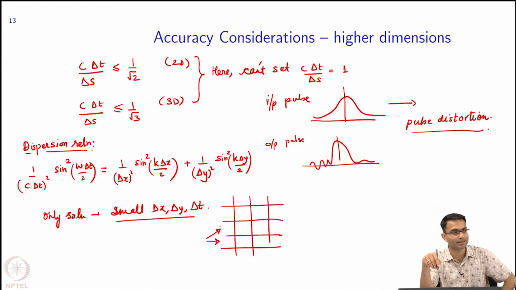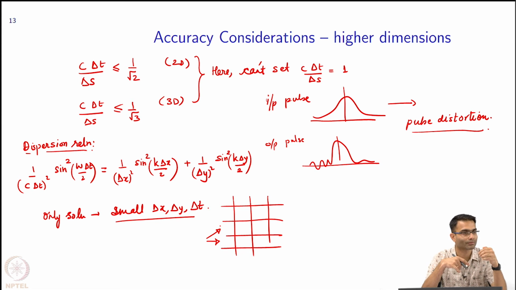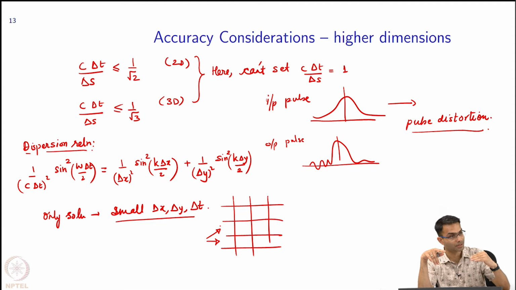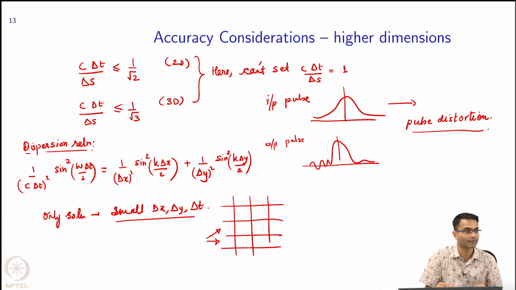Because the discretization is finite, the approximations are now slightly different. So the wave travels at different speeds depending on which direction it is traveling in the grid. Even if I choose a single frequency tone, forget pulse, it will travel at different speeds here and at different speeds over there.